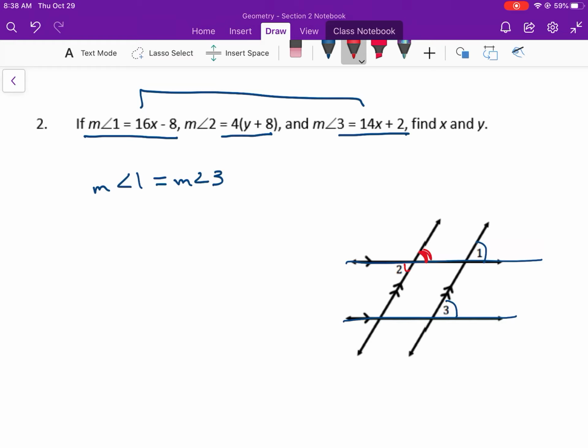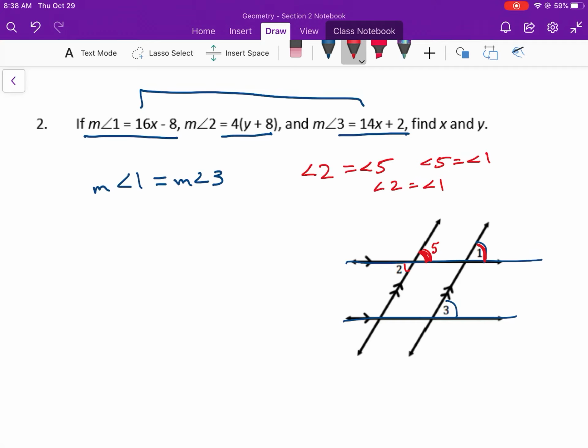And then notice this one and angle 1 are corresponding. So if I'm going to call this one 5, if angle 2 is equal to angle 5 and angle 5 is equal to angle 1, hopefully it makes sense to you that angle 2 is equal to angle 1. That's called the transitive property.